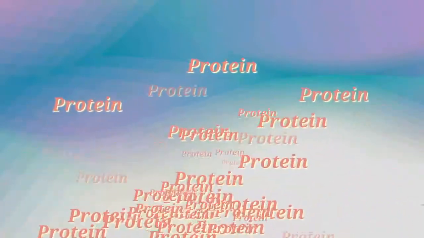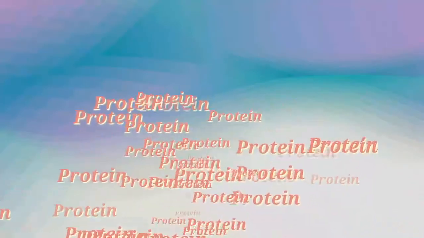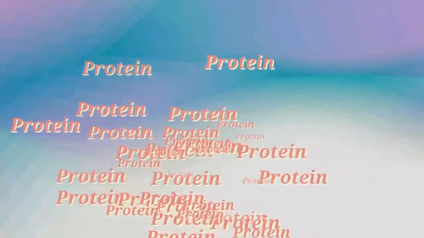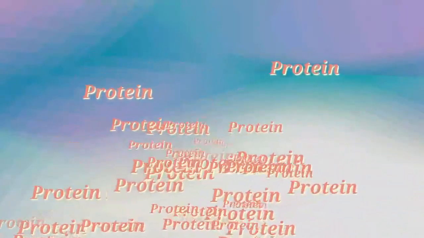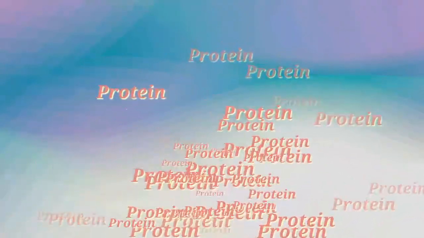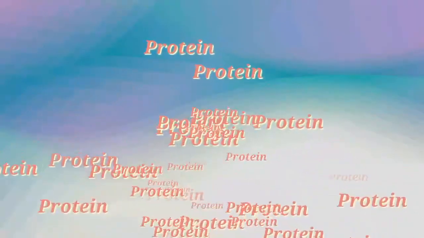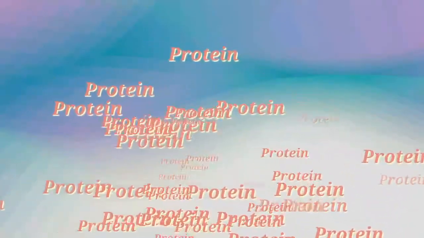Those that cannot be synthesized, called essential amino acids, must be ingested as part of our diet. The term essential amino acids is somewhat misleading. However, in view of the fact that all of the amino acids are necessary for protein synthesis, because we cannot manufacture the essential amino acids, it is essential that they be included in our diets.